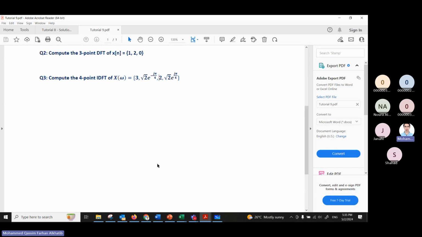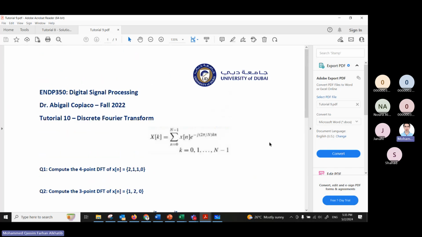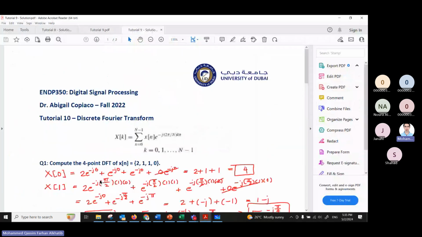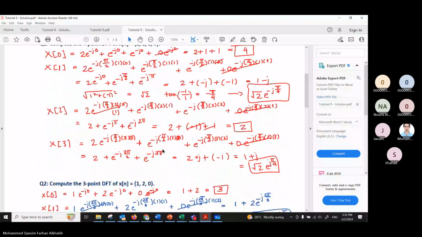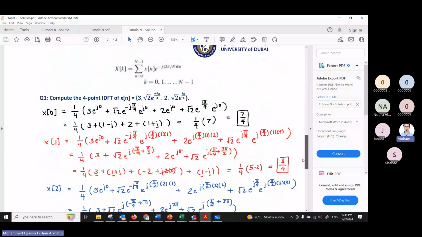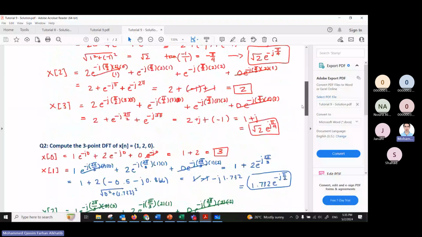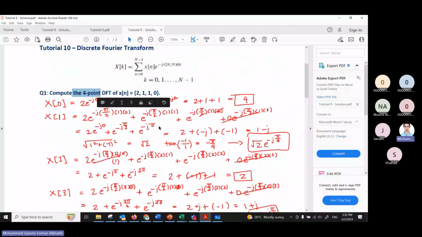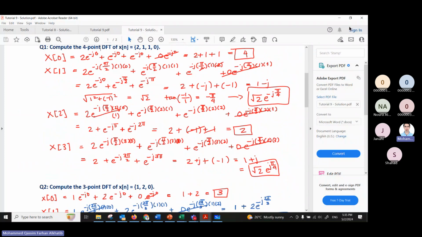So again, nothing magical in this lecture, just direct application of the given formula. The worksheet has already been solved, the solution is here, and the answers are clearly stated there. When you do this 4-point DFT, you don't have to do the polar form. In the exam, that's enough for me. Once you get 1 minus j, that is enough for me. Similar thing for the other tasks.